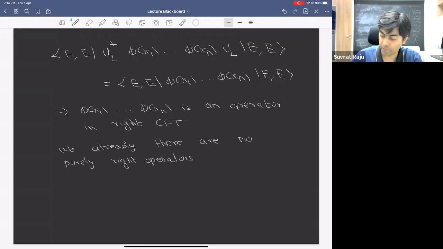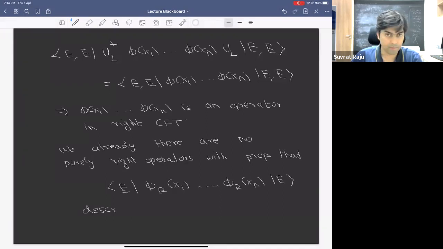With the property that if you just take a single energy eigenstate and you write down the right operators, they describe a smooth experience.